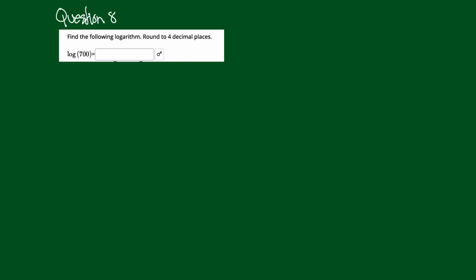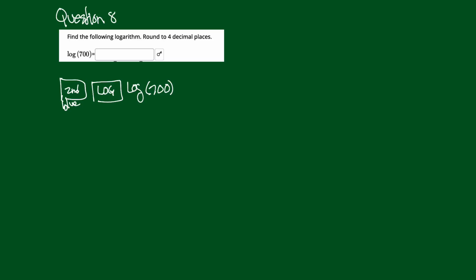Question 8, well, this is much easier, right? It just says to find the value of this logarithm. So all I'm going to do is press that second key, the blue key, and then press the log key down that left column. When I do that, I get LOG parentheses, type in 700, close it, right above the 89, you'll find the parentheses.